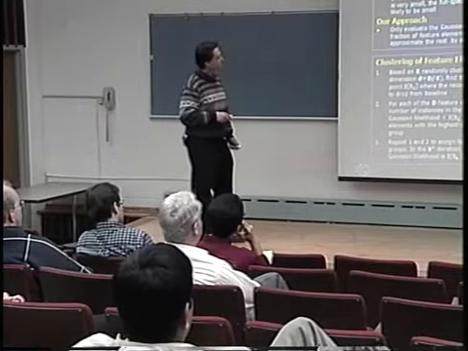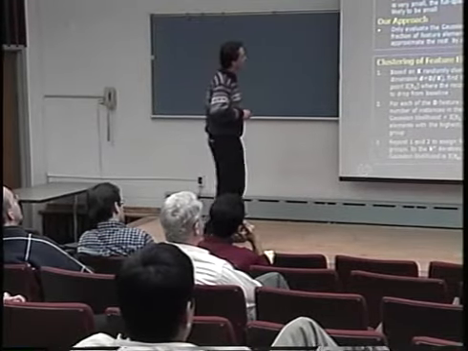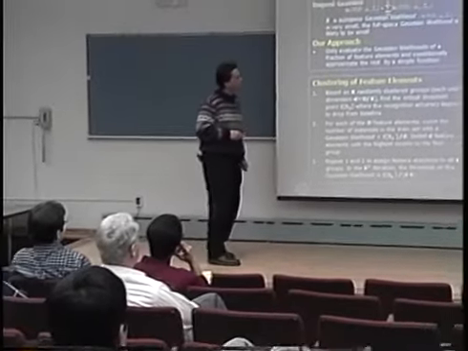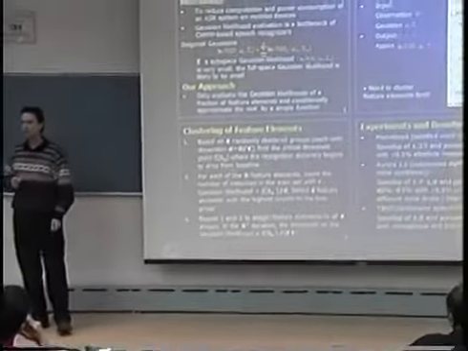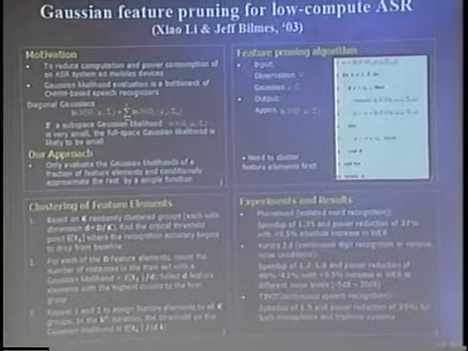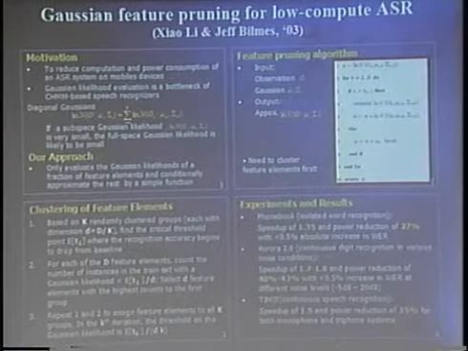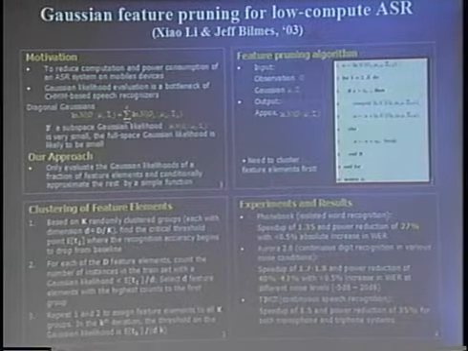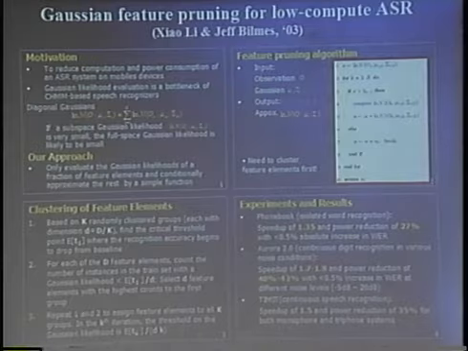I'm just going to briefly mention this one. Another effort that we were working on in trying to speed up speech recognition systems was, again, in trying to evaluate Gaussian distributions, which in some cases requires a significant portion of the time.